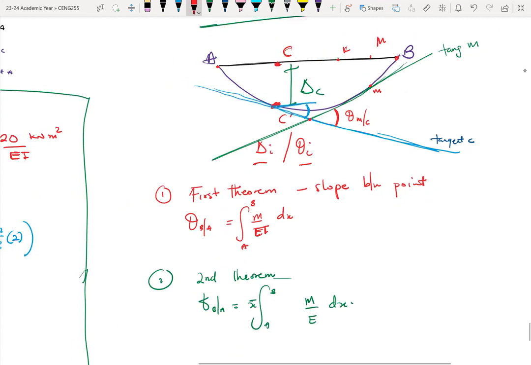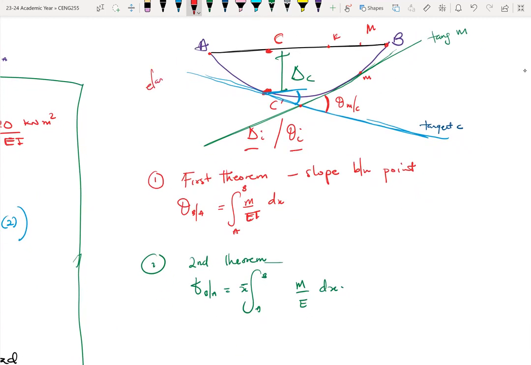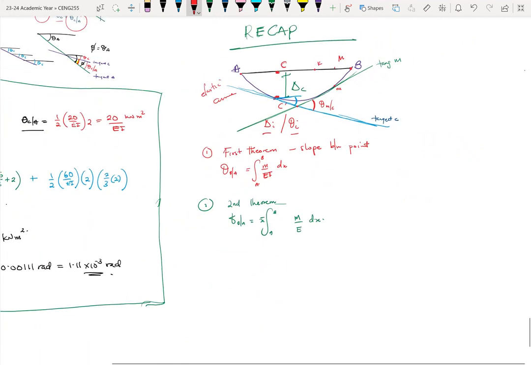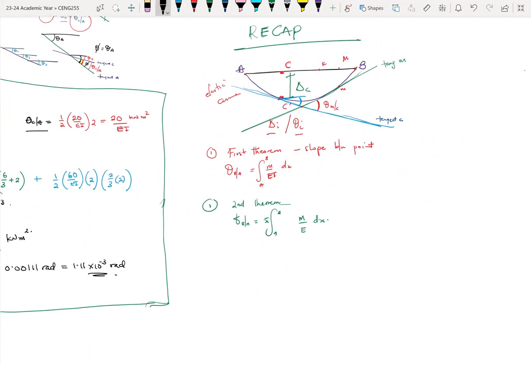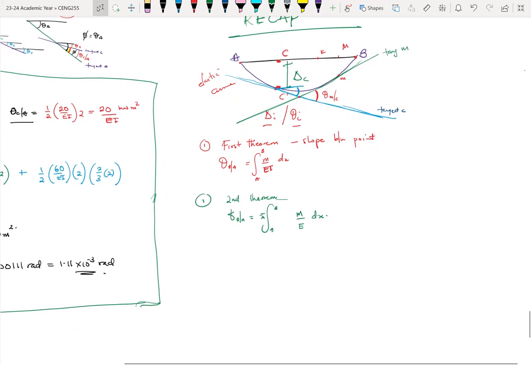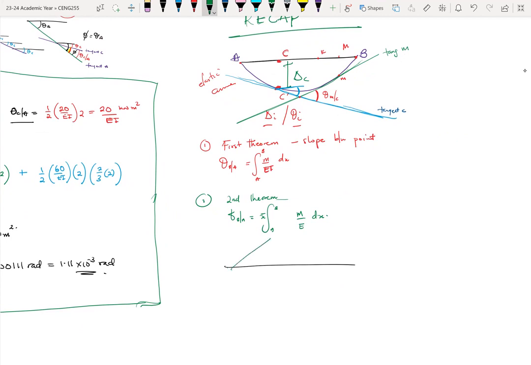Here you have the elastic curve. I'm just going to assume a moment diagram. It could be any diagram depending on what loads you have on a structure. So assuming this is your bending moment diagram, from what I'm drawing, it might look like this.